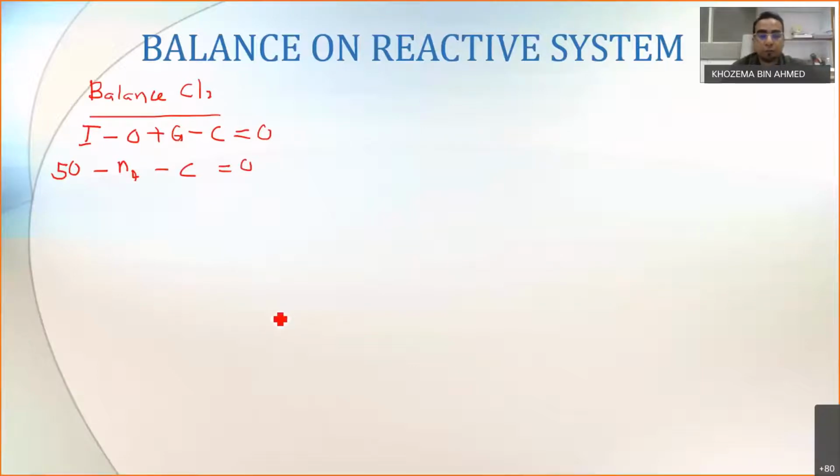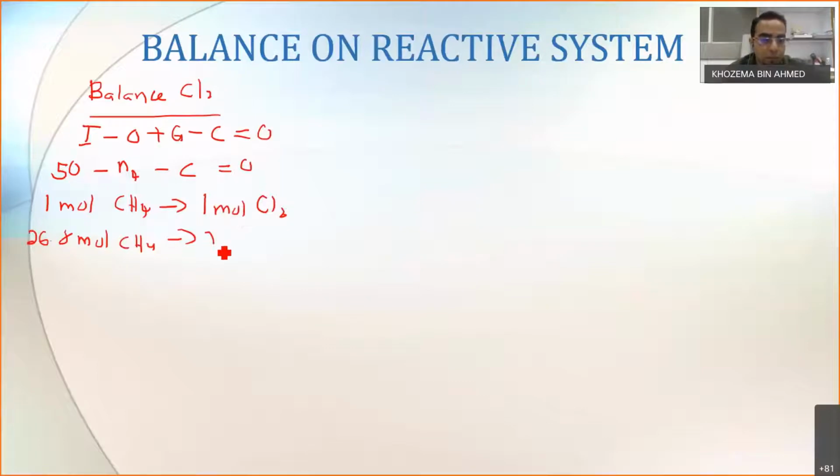This is where we'll be using our stoichiometric coefficient and ratio. We know that 1 mole of methane will react with 1 mole of chlorine gas. And we know that the amount of methane reacted was 26.8 mole. It will react with 26.8 mole of chlorine because the ratio is 1 to 1, so our consumption here is 26.8.